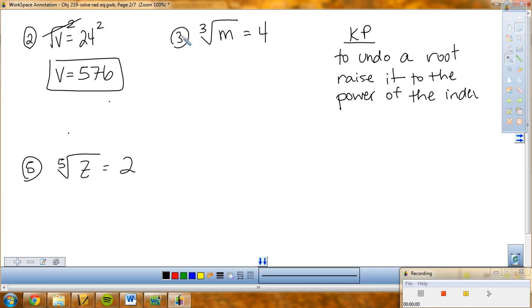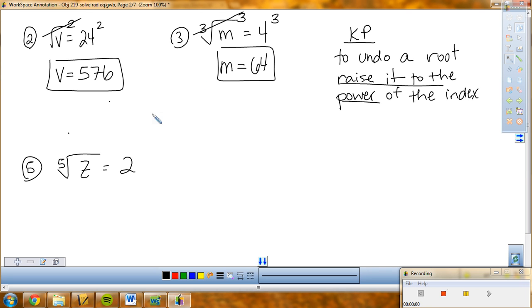Here's an example for number 3, the third root of m. Again, I want to undo this third root, so I'm going to raise it to the power of whatever my index is. So if I have the third root, then I'm going to take it to the third power. That's going to be an inverse operation, and if I do it on one side, I have to do it on the other. And 4 to the third power, just type it in your calculator, and you get 64.